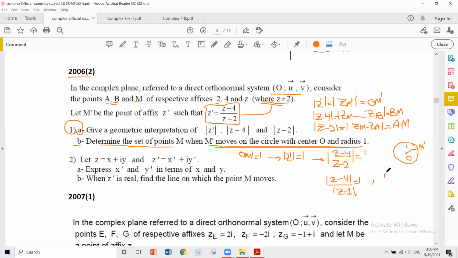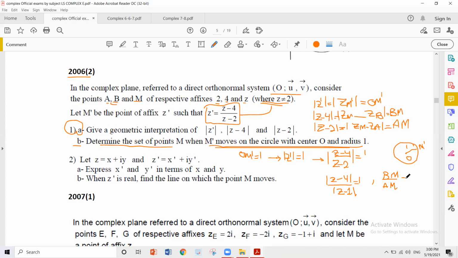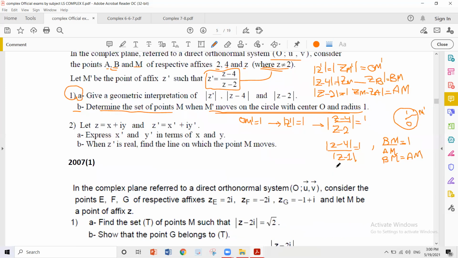It means that BM over AM equals 1, which means that BM equals AM. So M belongs to the perpendicular bisector of segment AB.